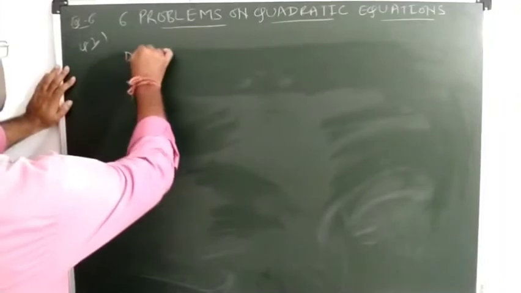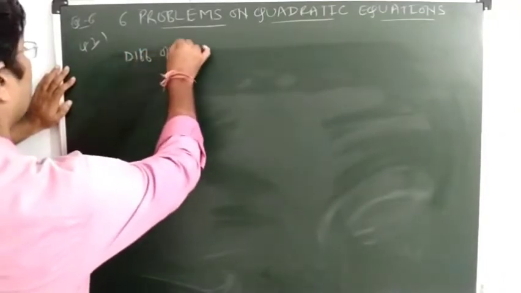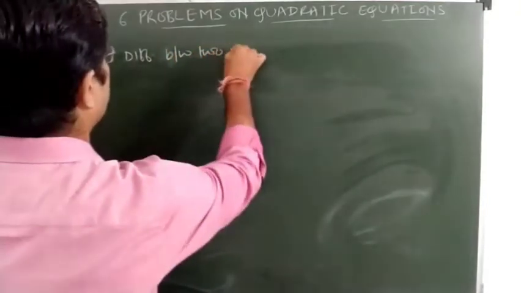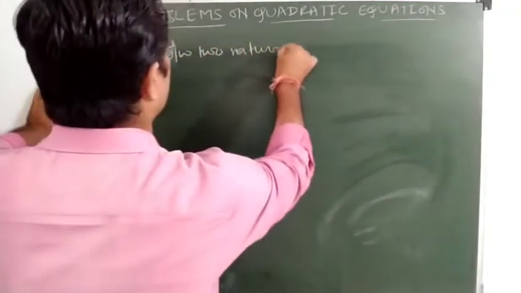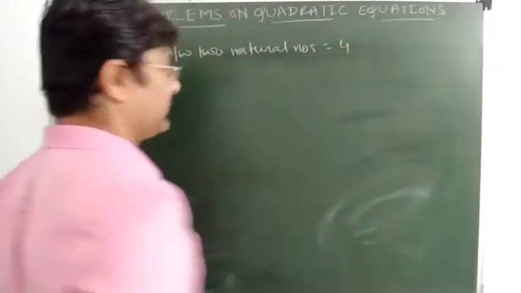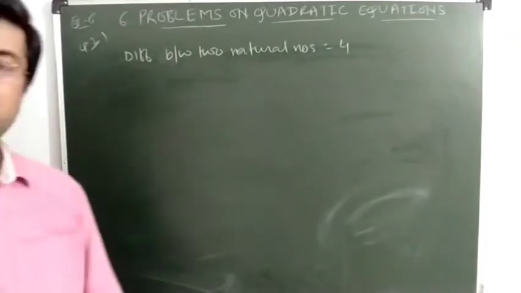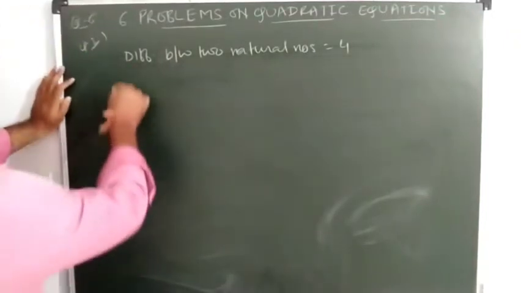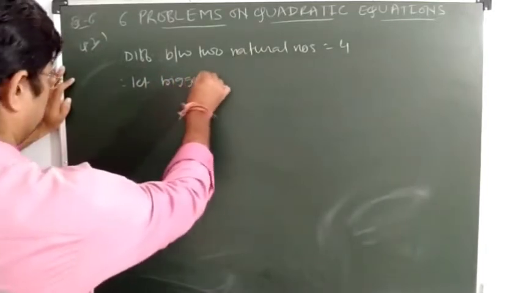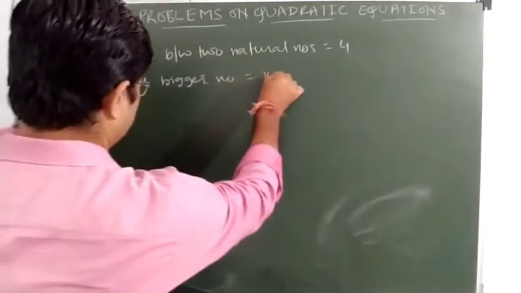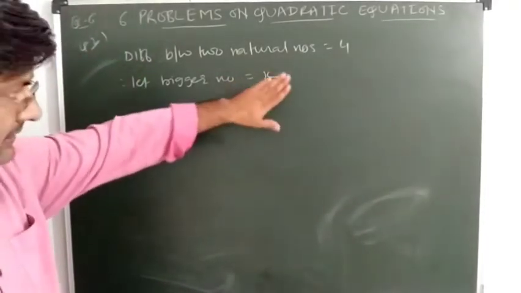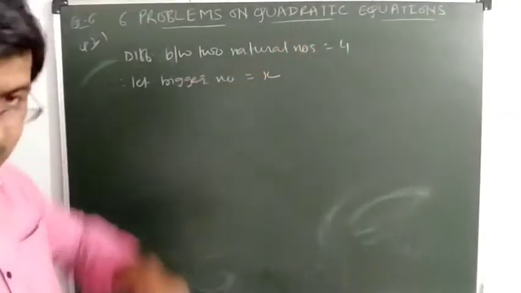Let me write down that the difference between two natural numbers is 4. I will consider the bigger natural number to be x. Let the bigger number be x. Clear? This is the bigger natural number. So bigger number minus smaller number is equal to 4.